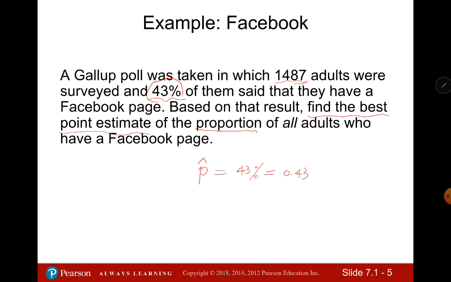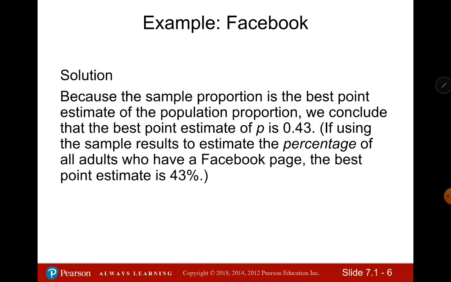So this is how we find the best point estimate. Again, it's just a single value. For p, it's just the p-hat. This is how we interpret it: the best point estimate of p is the p-hat value, 0.43. It's just the 43%.